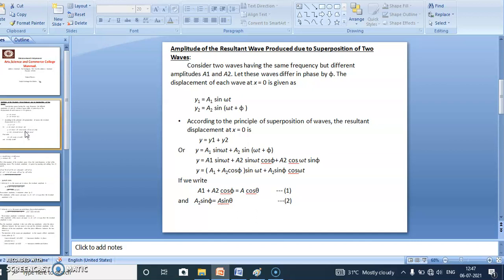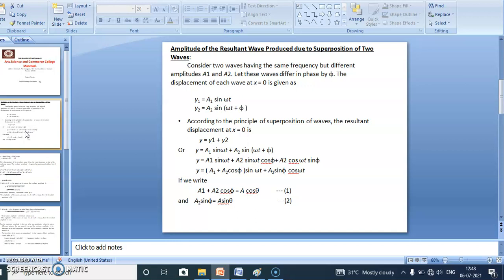Okay, here we can use sin(a + b) = sin a cos b + cos a sin b. Here a is omega t, phi is b.